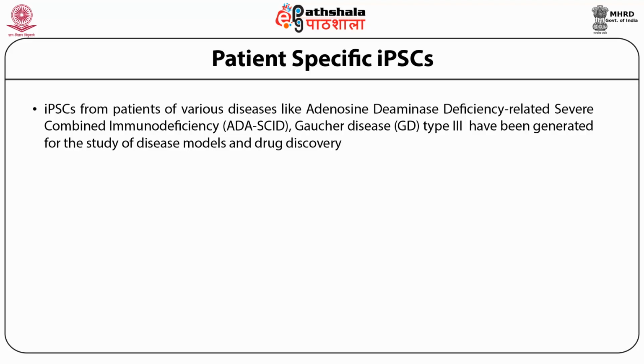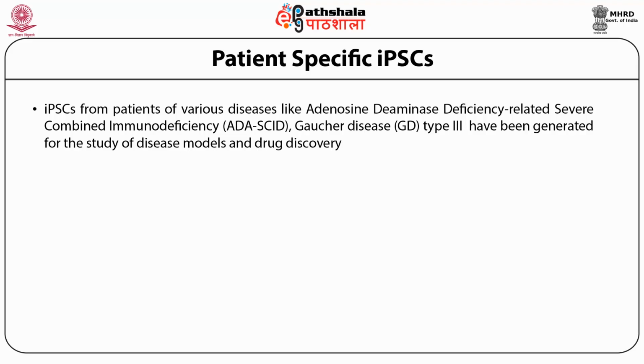These have been derived from patients with various diseases, like adenosine deaminase deficiency related severe combined immunodeficiency syndrome. Adenosine deaminase is an enzyme which is very much related to immune system development in humans, and the deficiency of this enzyme causes a severe deficiency of T and B cells, so we call the disease severe combined immunodeficiency syndrome.